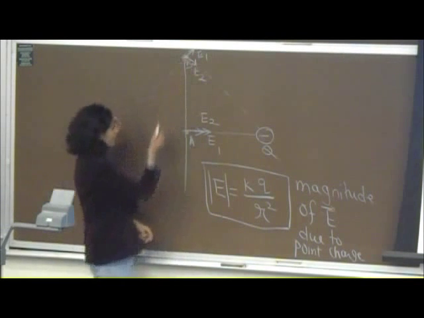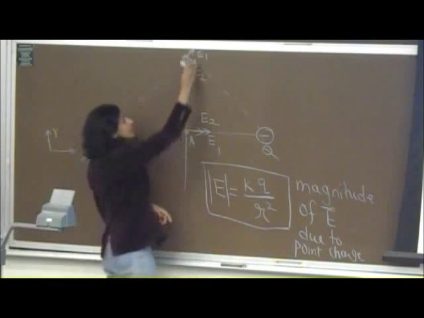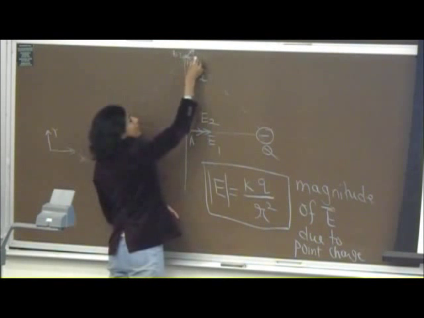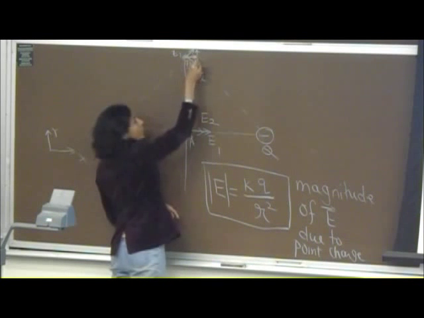Now, let's say that this is the X direction and this is the Y direction. If we break these electric fields into components, let's call this E1, then E1 will have a component like this and one upward. E2 will have a component like this and one downward.